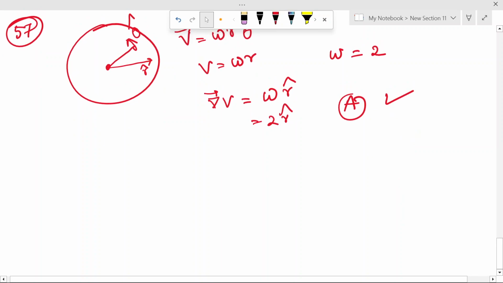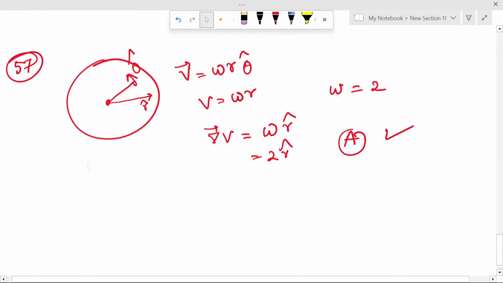Then comes the divergence of v. Without even doing any calculation, what does divergence measure? It measures how much it spreads out from a certain point, and you can see there is no spreading here.